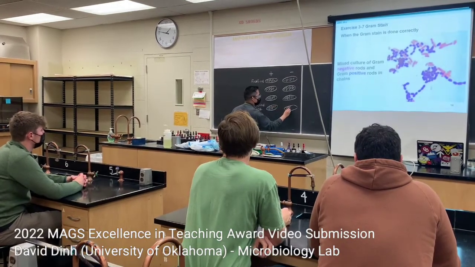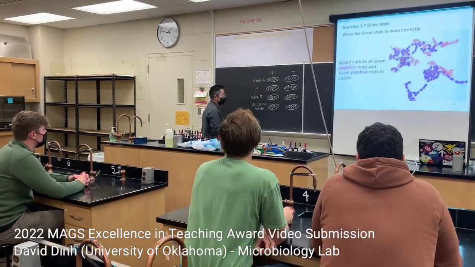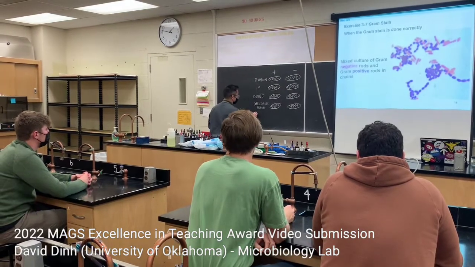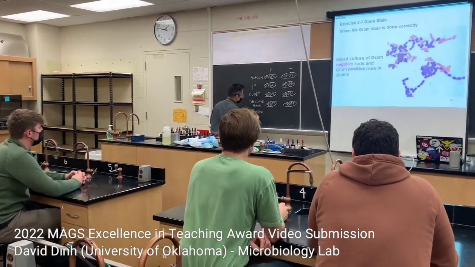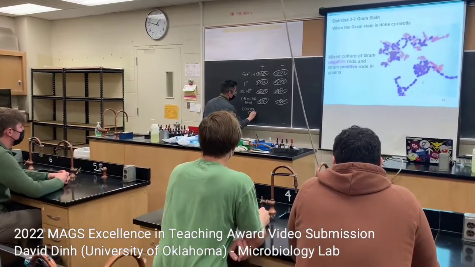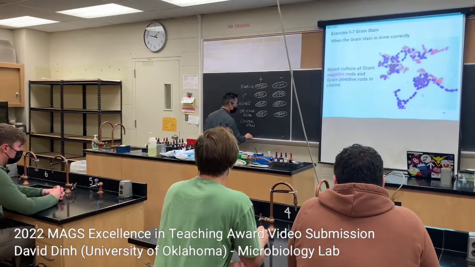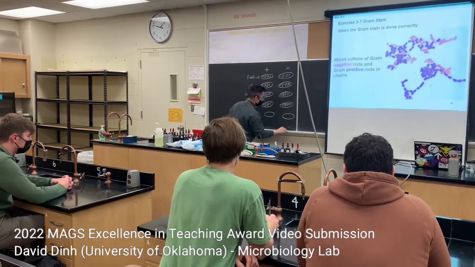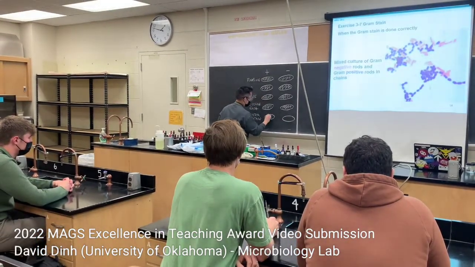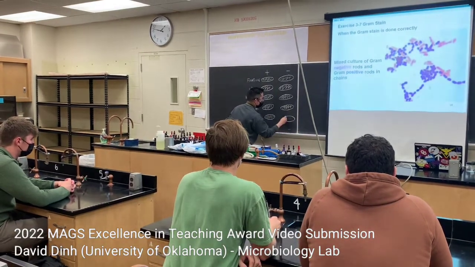Awesome. And there's a last step now. What's the last step? The counterstain. Yeah. Awesome. And which organism is what color? Gram-positive will be purple, gram-negative will be pink. Awesome. So purple and pink.